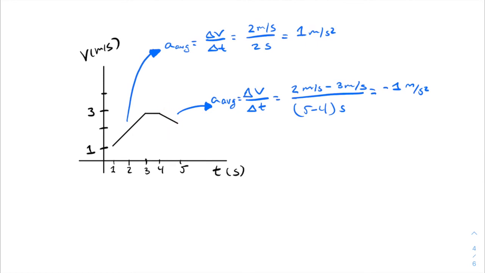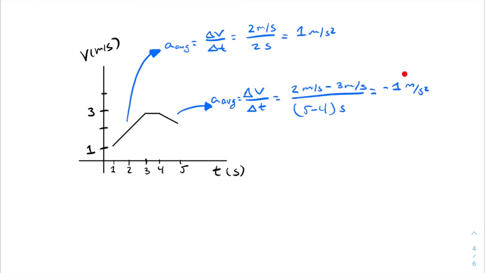But now on the third line, we have a velocity that goes from 3 meters per second to 2 meters per second, and this goes from 4 seconds to 5 seconds. Therefore, our difference in velocity is the final velocity, 2 meters per second, minus 3 meters per second, divided by 5 seconds minus 4 seconds.